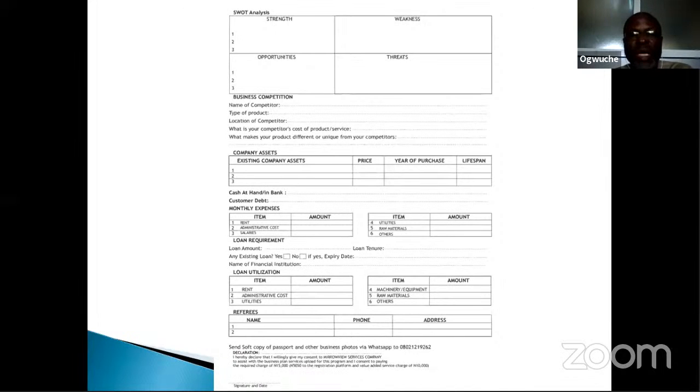Okay, so strengths and weaknesses are normally internal. They are internal factors to the business, to us. Our strengths are internal, our weaknesses are internal. And then opportunities and threats are, of course, external. They are external to the environment.